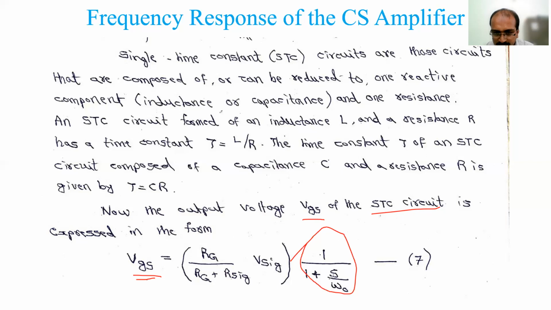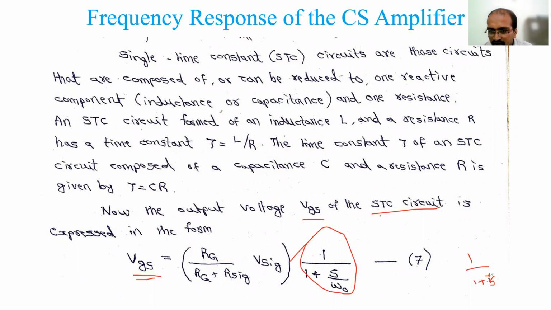Even this part we will learn in control systems, that is, first order systems. So this is in the form of a first order system, 1 by 1 plus tau s. This is called the first order transfer function. So this tau is nothing but what?